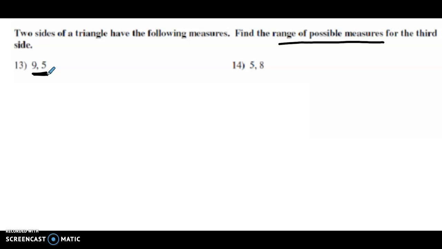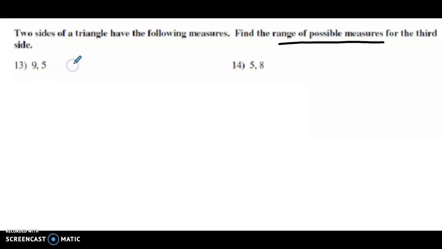And the second scenario is that 5 is one of the smaller sides, 9 is the largest side, and the unknown side is the other smaller side. Then we're going to find a limit as to what the smallest the other small side can be.